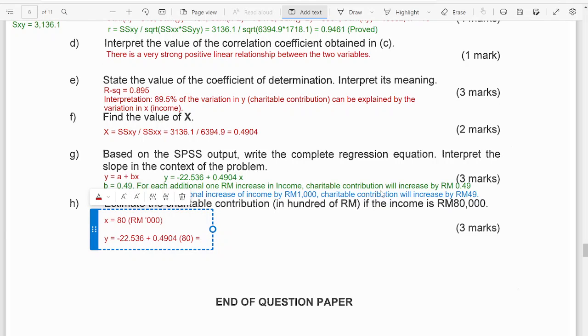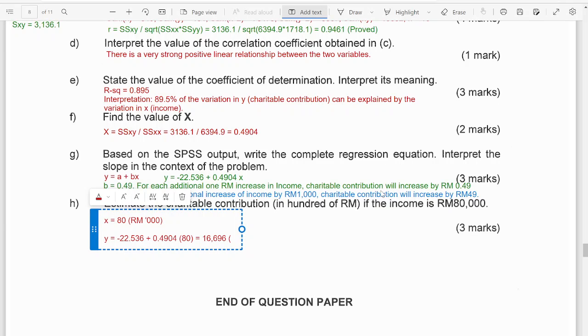So this gives you the value to be equal to, so what you have here will be negative 22.536 plus 0.4904 multiply with 80. So you get this to be 16,696. Okay, 16,696.